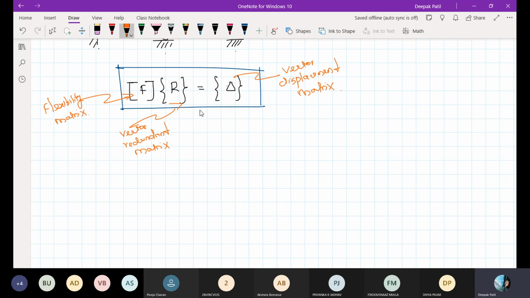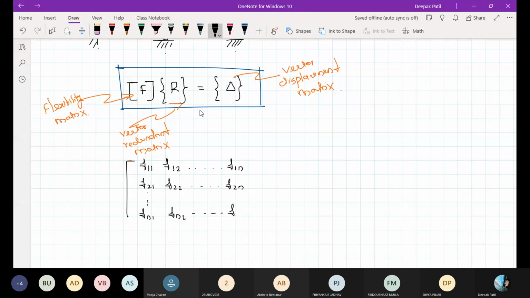If we have many redundants, the matrix becomes something like this. This flexibility matrix contains F11, F12, up to F1n, however many numbers there are. Then F21, F22, up to F2n. Then Fn1, Fn2, up to Fnn.